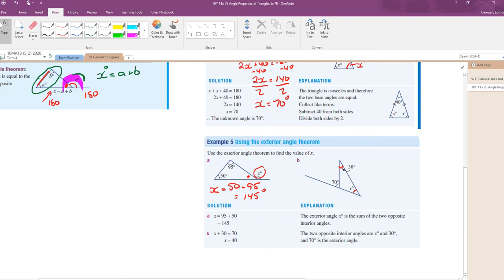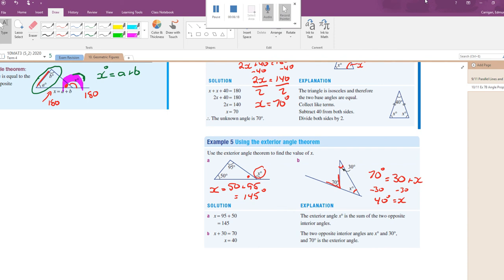Anyway, we'll use an exterior angle. Our exterior angle is 70. That's equal to the two opposite angles, so it's equal to 30 plus x. Subtract 30 from both sides. 40 degrees equals x, x equals 40 degrees.